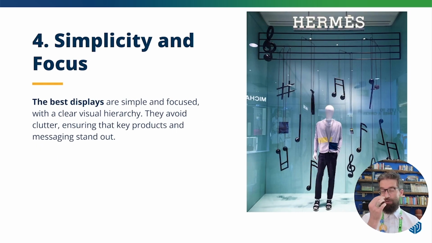If we go back to that first statement of not overcrowding the window, we want to focus on simplicity. We want to create a focal point. Sometimes the focal point, like here, is a mannequin. Avoiding clutter, the key product that we want to showcase here is on the mannequin. The jacket, the jersey here in question, is the main item. The bag is secondary. The folio hanging up to his left-hand side is another one.